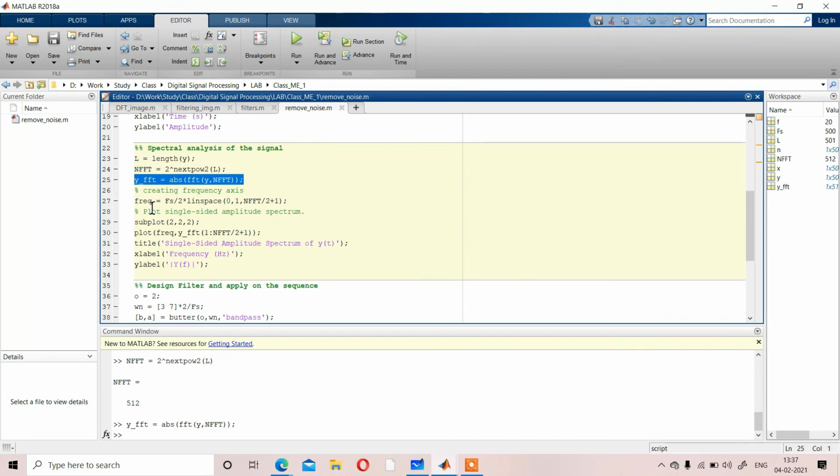After that, we are displaying the frequency representation. That part, fs by 2 times linspace 0 to 1 in NFFT by 2 plus 1, defines how many frequency points we are going to consider. Because you know that whenever we consider the equation, it goes from minus pi to pi, which means a 2 pi range, but we are going to choose only the pi range, because within that pi range we will have the filter.